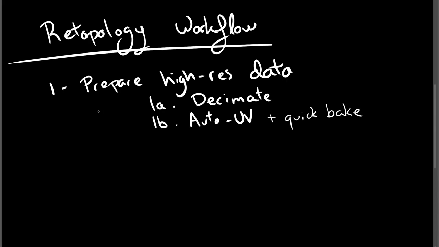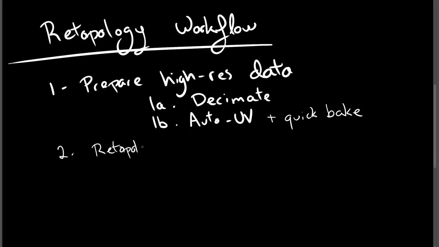Once our high res data is prepared, then we essentially want to import it within our software of choice and do our retopology there. So step number 2 would be our retopology proper. So many O's in here. So retopology, especially since I'm recording at the same time, makes me have to keep track of all those O's.